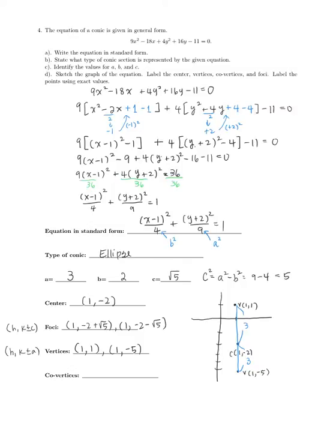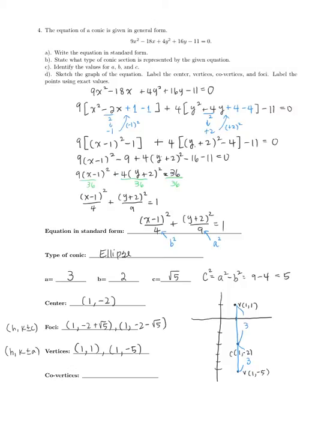Now, co-vertices are going to be this way. Co-vertices come from the value of b. So if b squared is 4, then b is going to be 2.